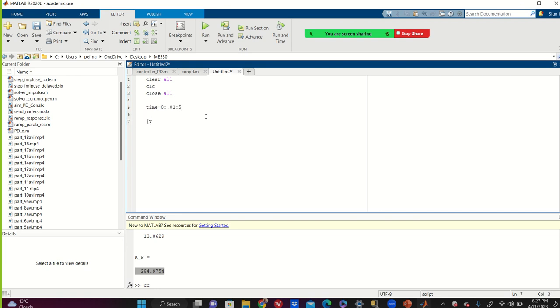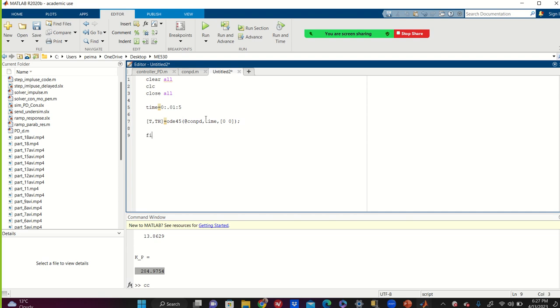And theta time and theta angle equal to ODE45 of the controller PD, this file, time and initial condition. You have two state variables, 0 and 0. Initial position, initial angular velocity.